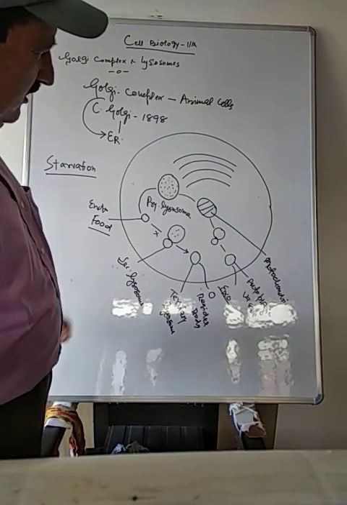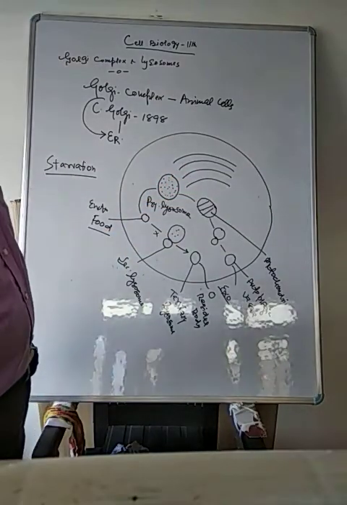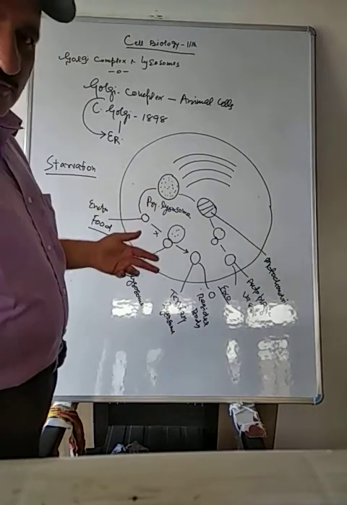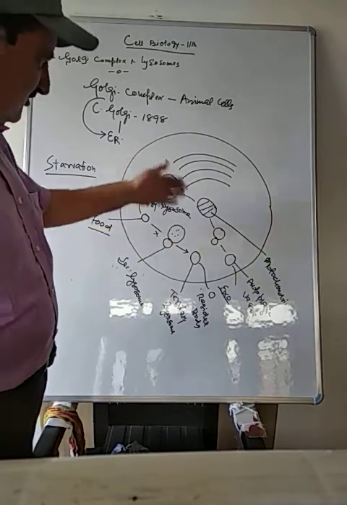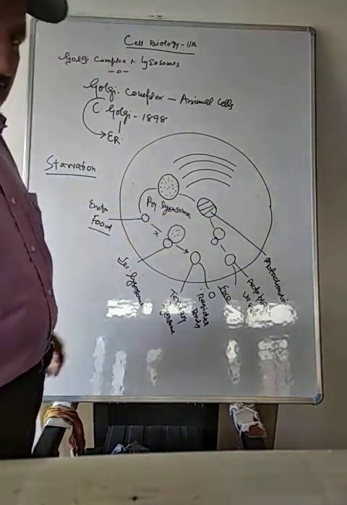Then what happens? The lysosomes begin to eat live cell organelles. That means the functional mitochondria is eaten. Endoplasmic reticulum is eaten, ribosomes are eaten. So it digests the live content and the cell dies.